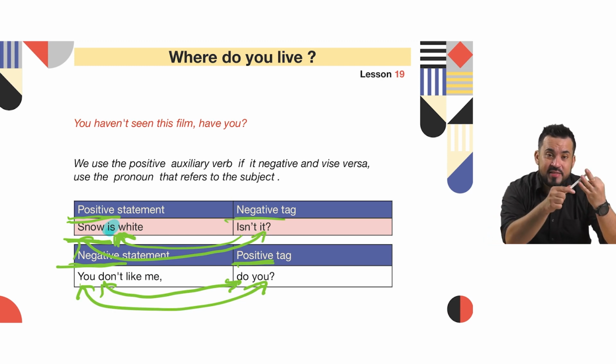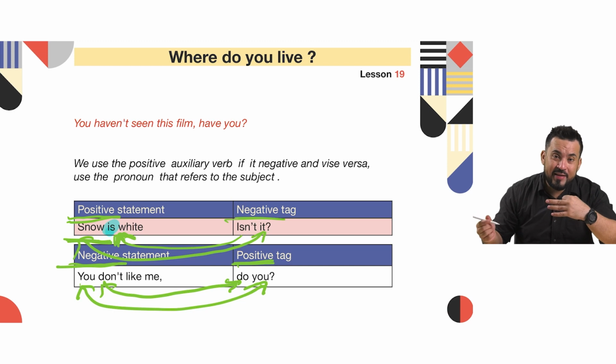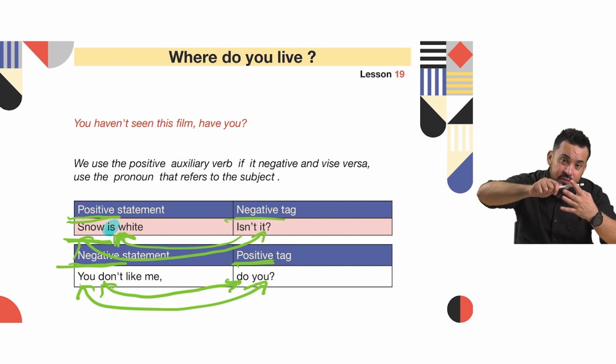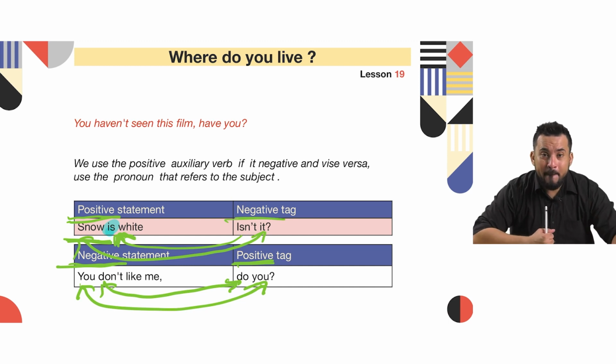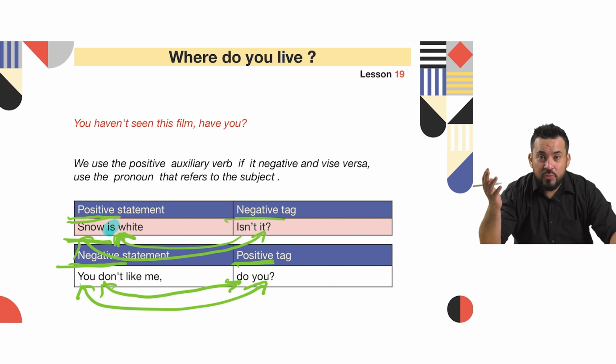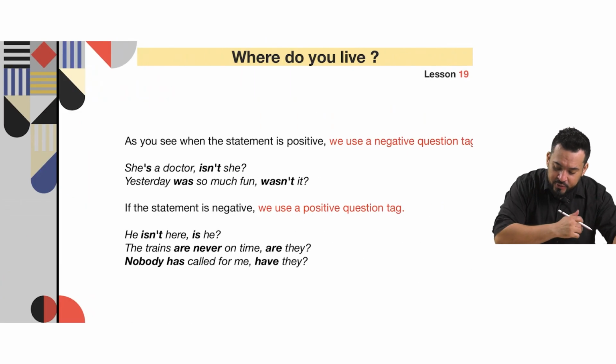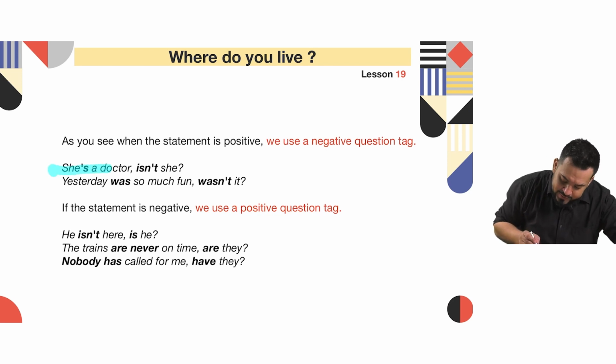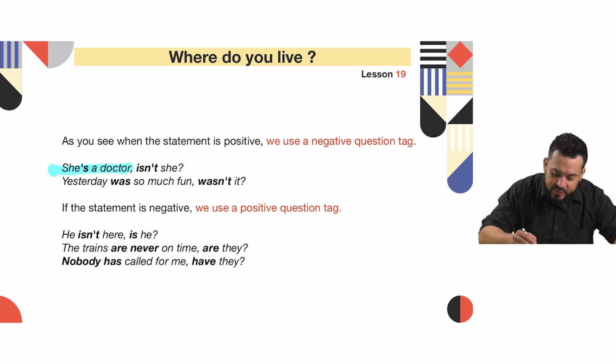If the statement is positive, you make the question tag negative. If the statement is negative, then you make the question tag positive. So these are the rules. So let's do some practice together. She is a doctor, isn't she?